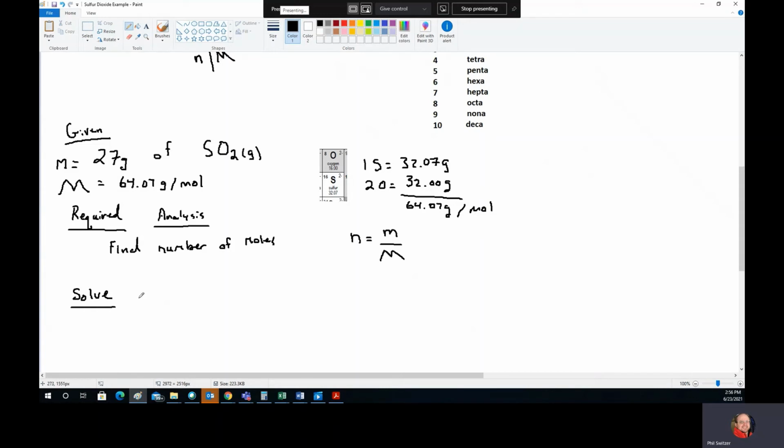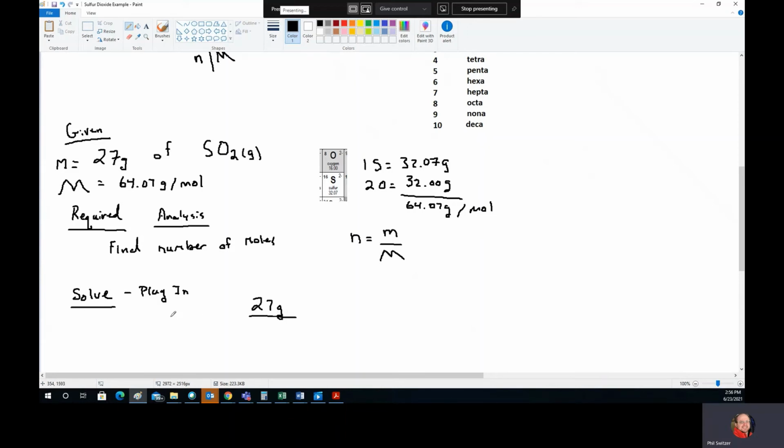So when we solve, we just simply plug in the numbers right into this formula. We have n, 27 grams. Sorry, we don't have n. We're looking for n. We have m, or mass. We've got mass, 27 grams, divided by molar mass. So 27 grams.